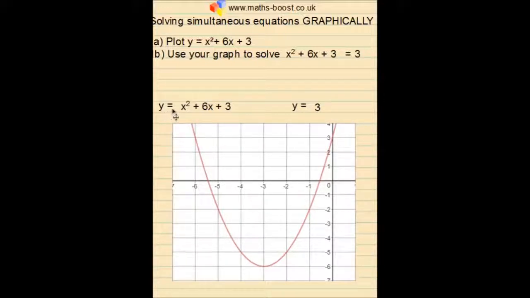And it's no coincidence that part A of the question got you to plot this already in advance. So now you've plotted this graph, you just need to do the other. And finally we can see where the graphs intersect, and this is the solution to the equation. Remember, with our original equation, the unknown is x, so it's x that we're interested in, and x is -6 and x is 0.